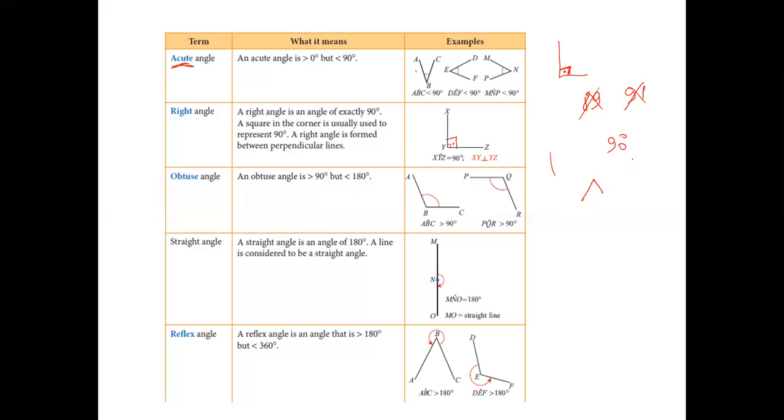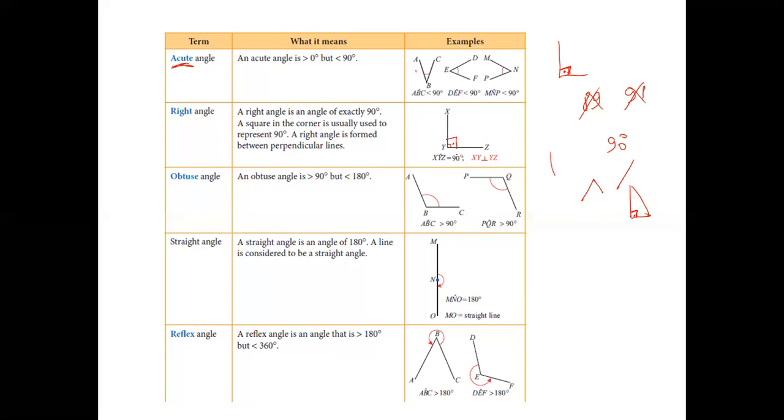How can we draw it? In a right triangle, at least one angle must be equal to 90 degrees. So this angle must be 90 degrees. Then the other two angles together are 90 degrees, because the sum of the interior angles of a triangle is 180 degrees. A square in the corner is usually used to represent 90 degrees.